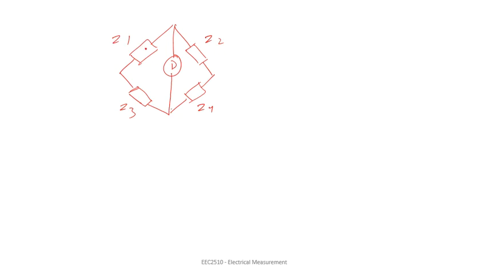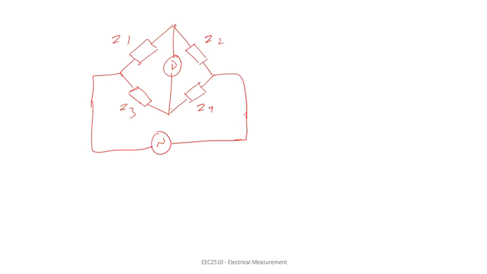If this is an AC bridge, having four different arms with different impedances, these may be Z1, Z2, Z3, Z4, and there may be a detector which is placed here in this position, and the voltage source will be placed here. So this is the voltage source.